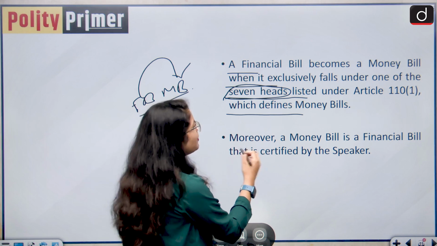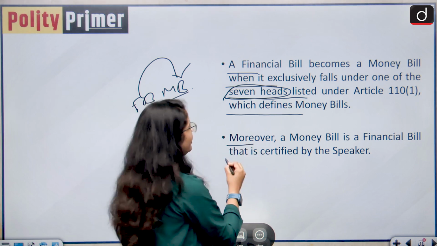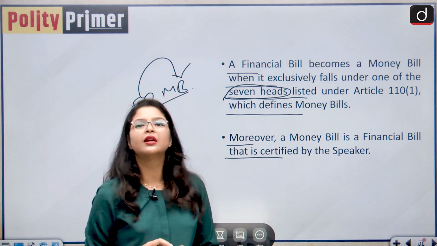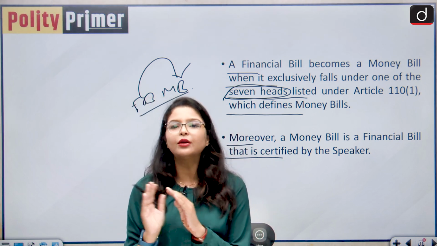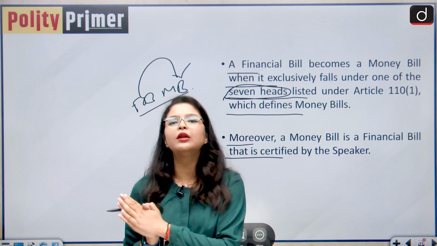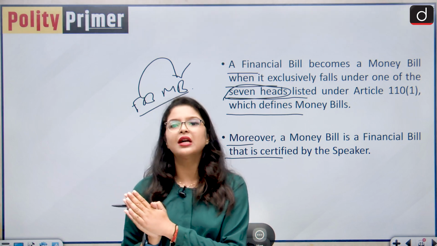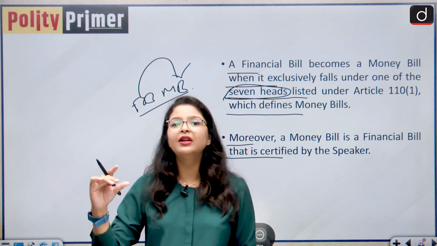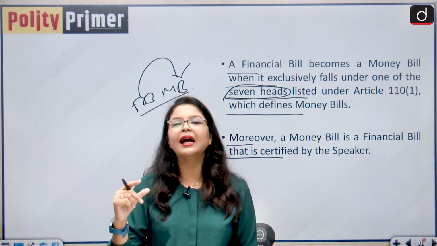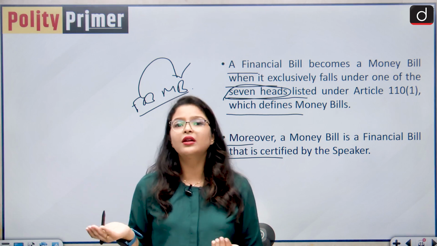And moreover, a money bill is a financial bill which is certified by the Speaker. So a money bill has to be certified by the Speaker. Whenever we are sending the bill for the recommendation and deliberation of the Rajya Sabha, a money bill will have a certificate from the Speaker that this is a money bill. So what changes?